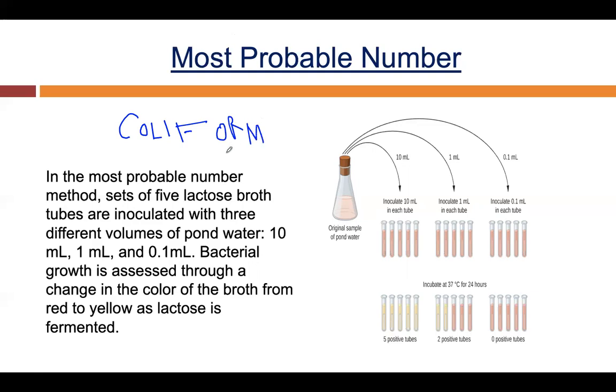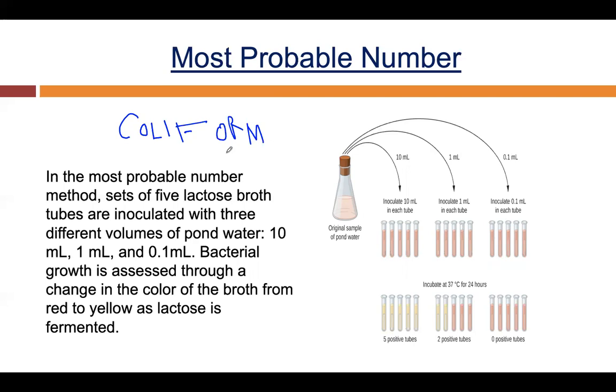So if inside your drinking water we have coliform bacteria, that means that water is polluted, because coliform, actually gut bacteria, means that it came from your gut. So you can understand that water is infected with the sewer system.